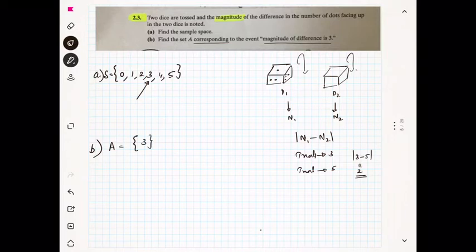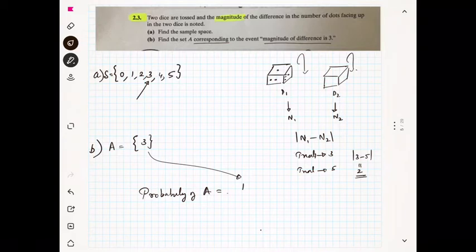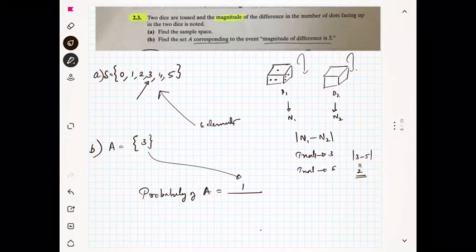What is the probability of A? That can also be calculated. The probability of A is the number of elements in A over the number of elements in the sample space, which is 1 by 6. I hope it is clear to you.